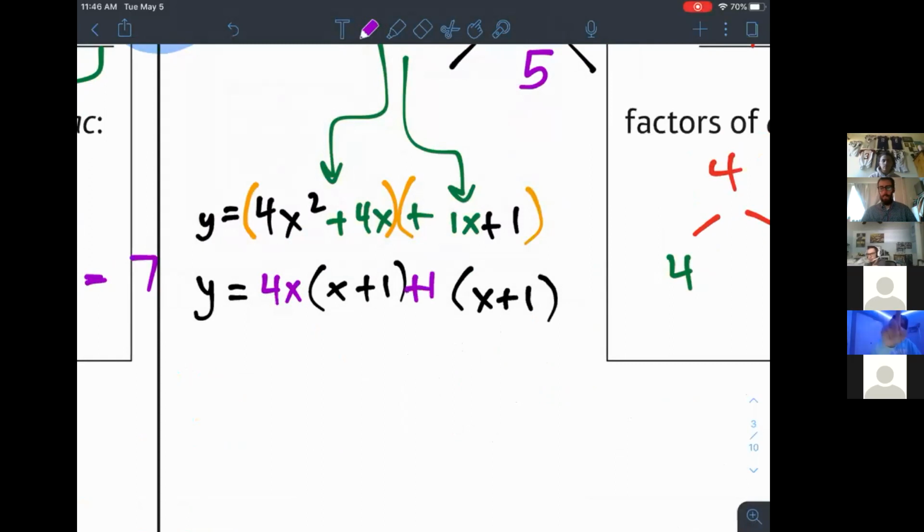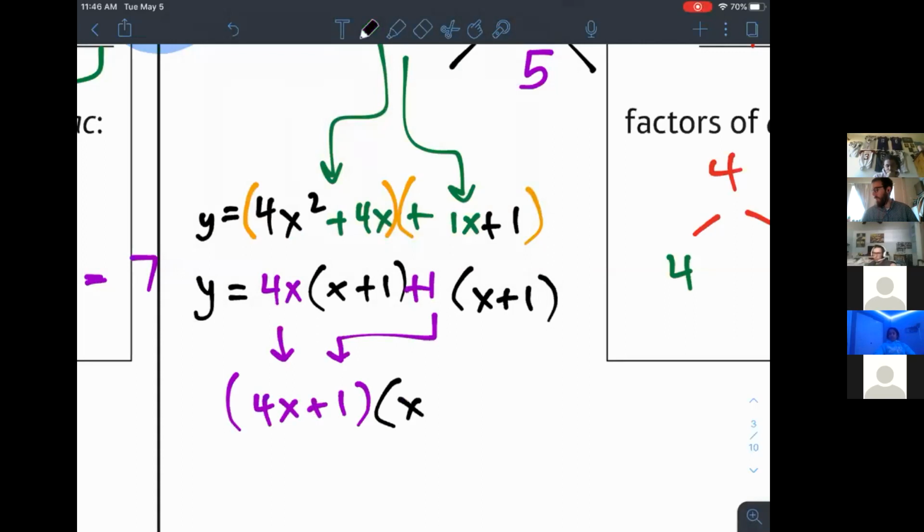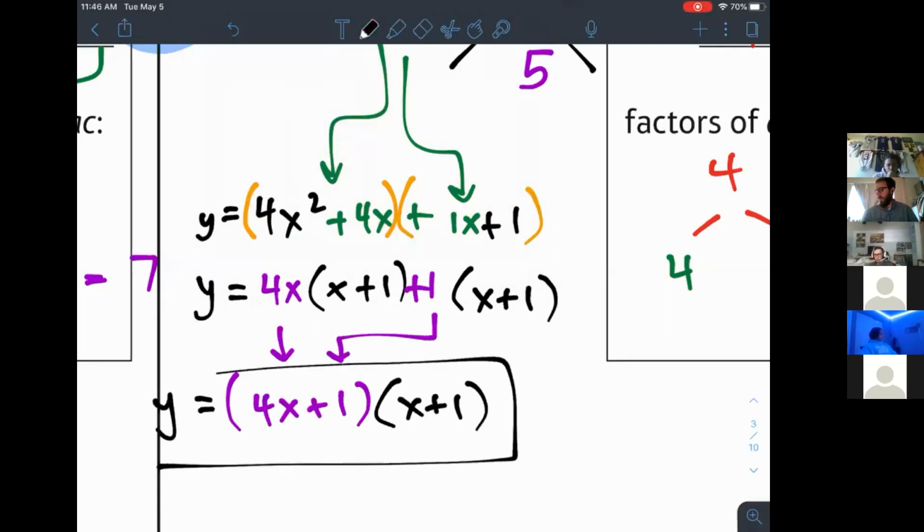It seems weird, but yes, we could take a 1 out, no doubt. So now our parentheses are the same. The distributive property in reverse says, let's combine our GCFs, written in purple for ease of seeing, 4x and 1, and then combine it with that common parenthesis x plus 1, and we have ourselves a wonderfully factored form.